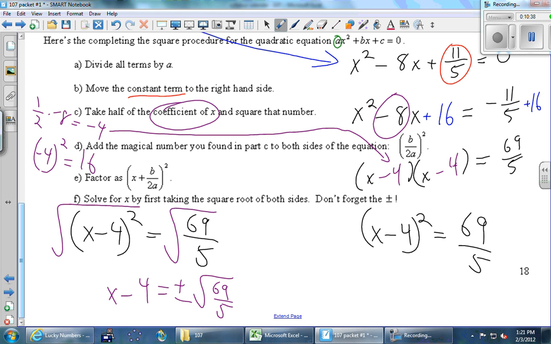Don't forget the plus or minus. And then finally, the goal was to solve for x. So what's the last thing I need to do to solve for x? I add the 4 to both sides. So x is 4 plus or minus square root 69/5.